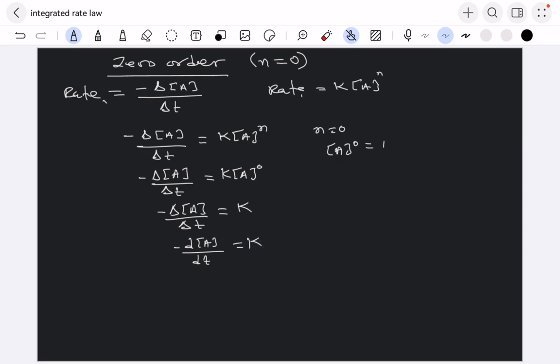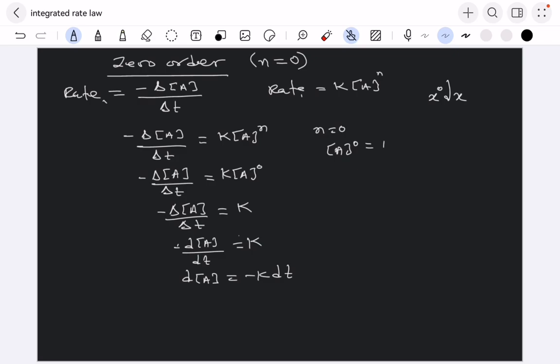Then leaving the d[A] as the subject and taking the negative to the other side, it becomes d[A] equals negative k dt. Then we do the integral of this. I hope we know the basics of integrals. If we have dx, it means that we have x to the power 0.